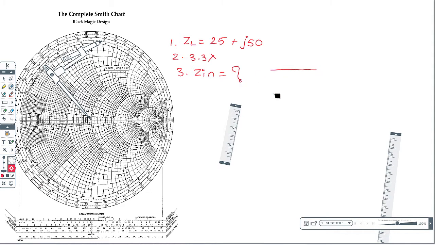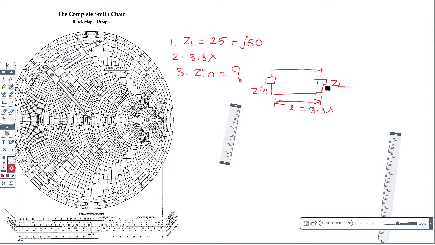So we know that this is the transmission line, this is ZL, this is the transmission line length L, which is given as 3.3 lambda, and we have to find Z in.